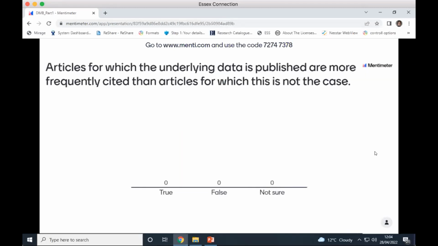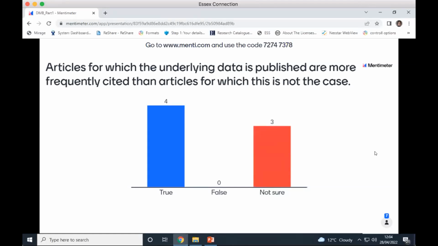Okay. Articles for which the underlying data is published are more frequently cited than articles for which this is not the case. So again, this is according to the same studies we used in the previous slide. So is this true or false? We're not sure. Okay, so I see that we have true and not sure.